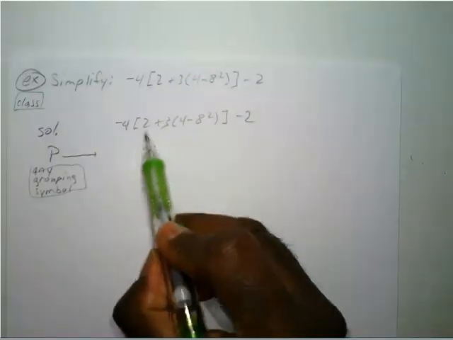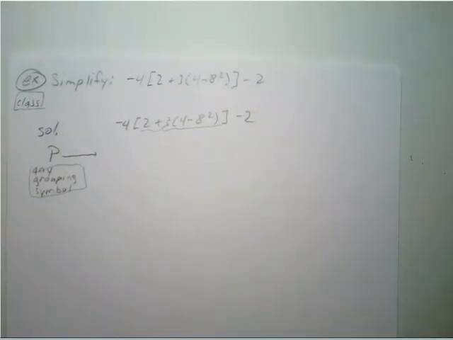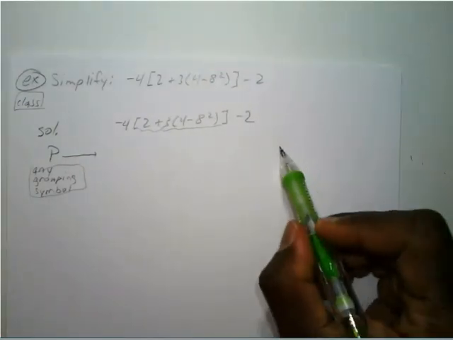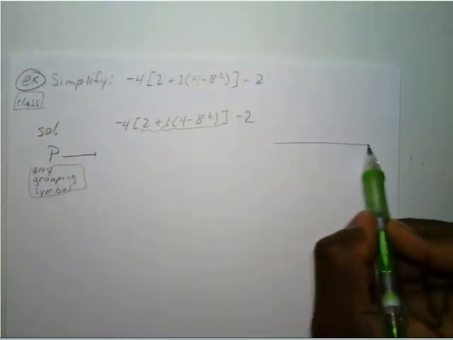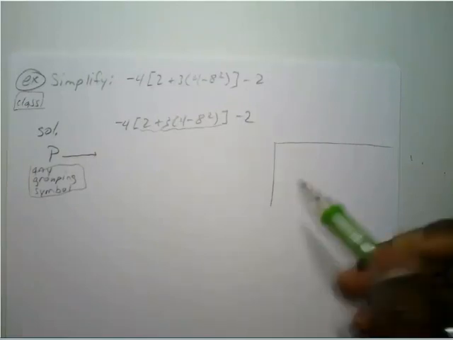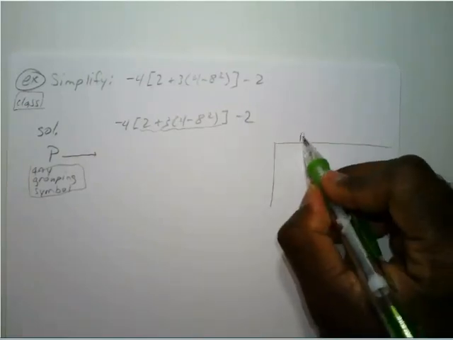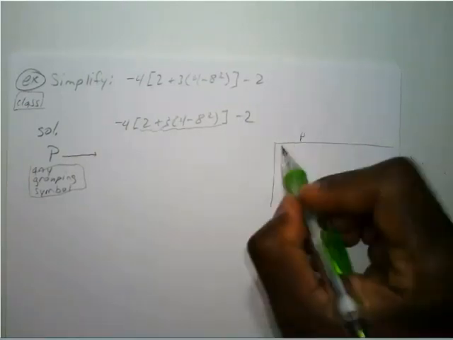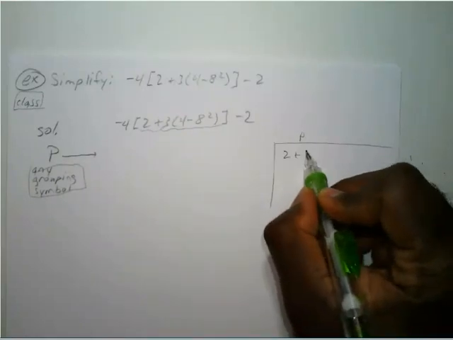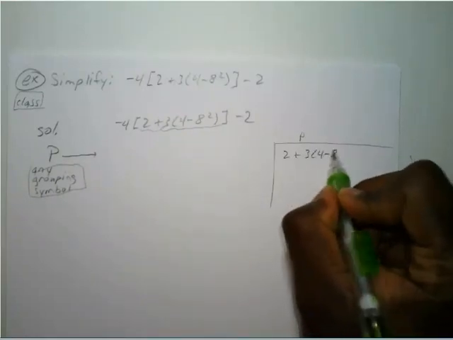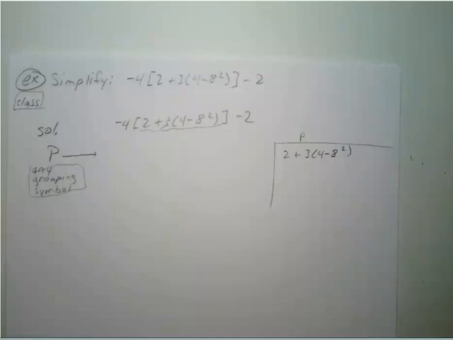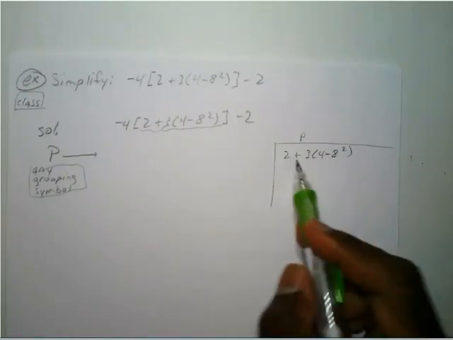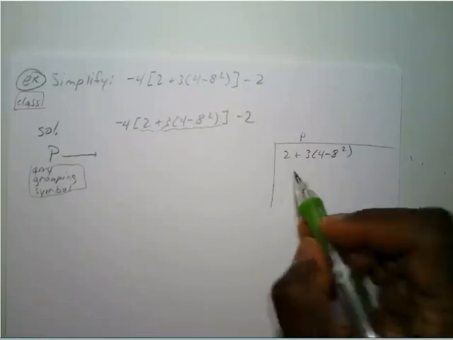Okay, so everything in here is our grouping. So again, I always kind of solve that on the side. So you have 2 plus 3 times (4 minus 8) squared inside that bracket. So we do our own order of operations for that.